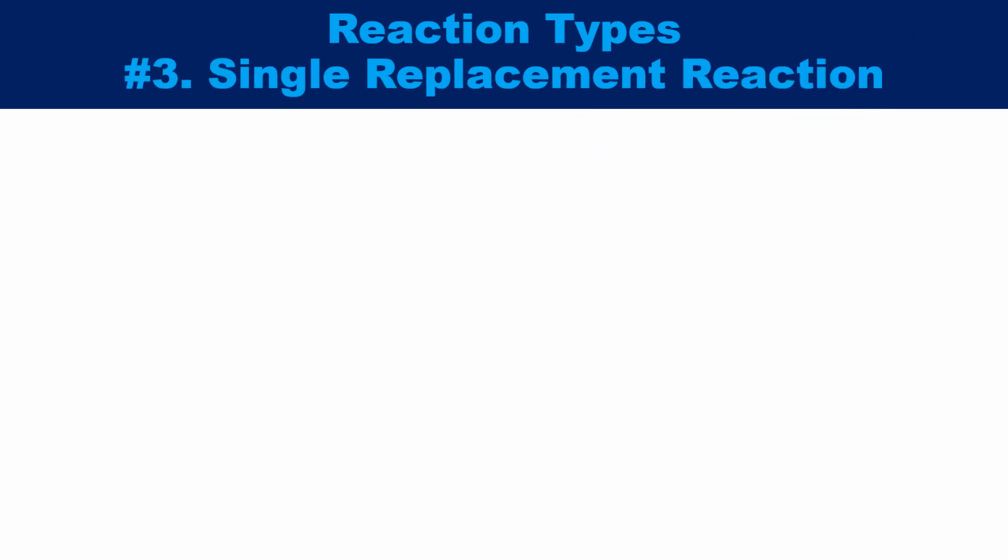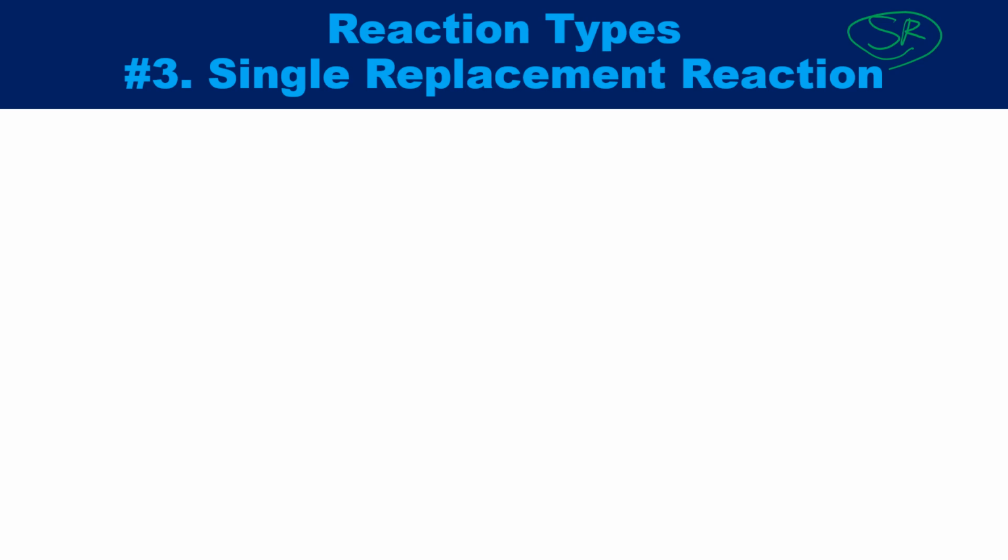The third type of chemical reaction is known as single replacement. I sometimes call it SR. Single replacement reaction, from my understanding, is what students struggle with the most in grade 9 and grade 10, even grade 11, because there are 2 different scenarios. What I mean by single replacement is this.